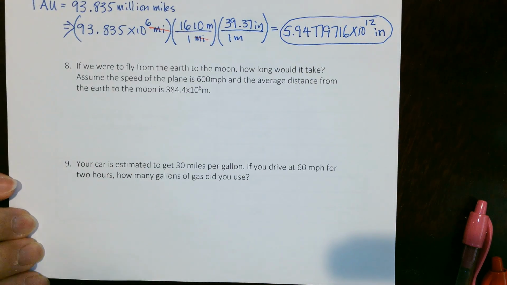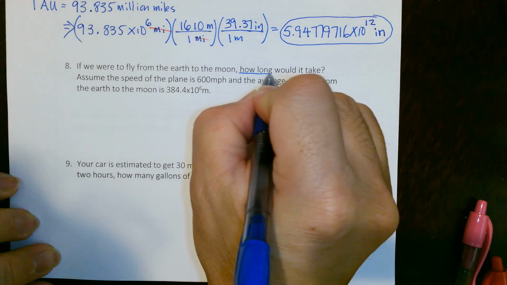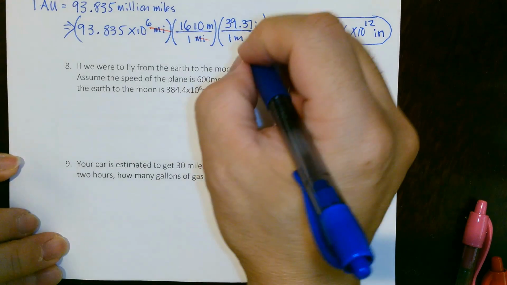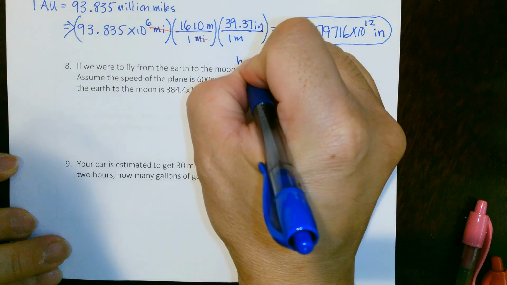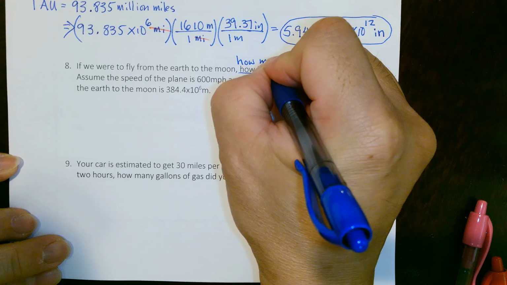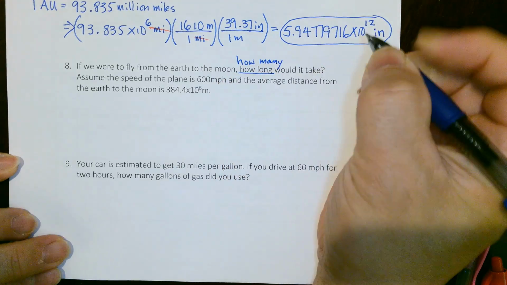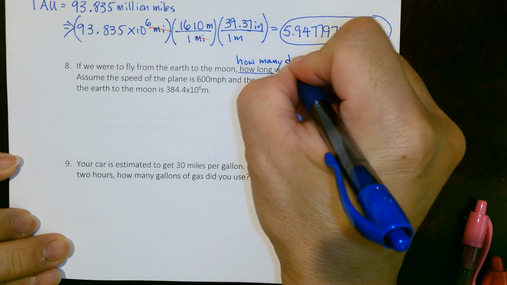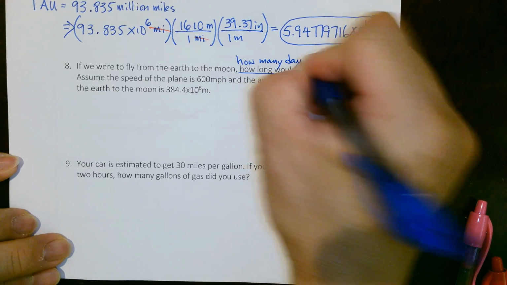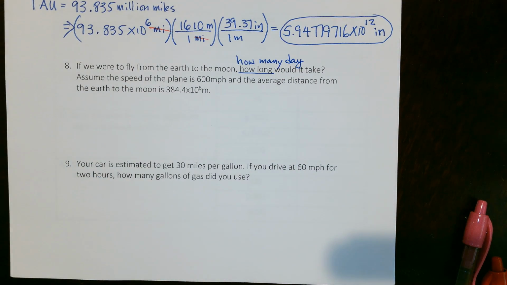Oh, it says here, if we were to fly from the Earth to the moon, how long will it take? Now, when they say how long, it sounds like a distance here. But what they really mean is, how many days, because that just sounds more human scale.